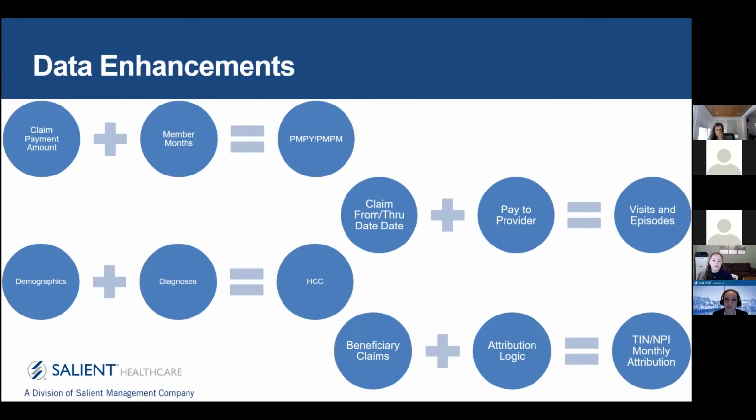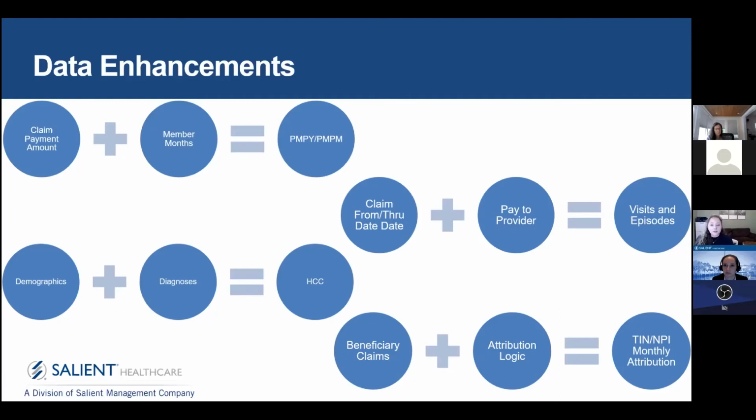Or what we do is we create a visit and an episode. In order to group them together, you need to know claim from and through dates, plus the pay to providers to know exactly where they're going. Are they staying in a skilled nursing facility continuously, et cetera. To calculate risk scores, we're using diagnoses and demographics for the HCC methodology, plus their tables that are being provided.